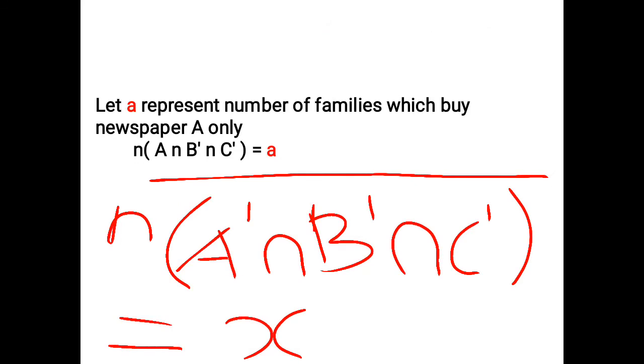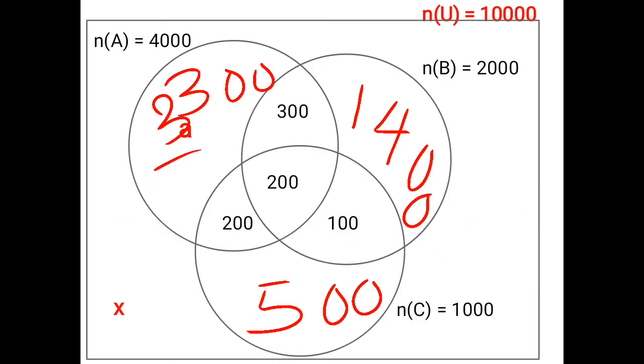We are moving to our diagram. Okay, so exactly 2, which size do you think it will be? To be the regions that are for 2 only, the regions that buy only 2 newspapers, right? So it's going to be this side alone 300 plus this side alone 200 plus this side alone 100.